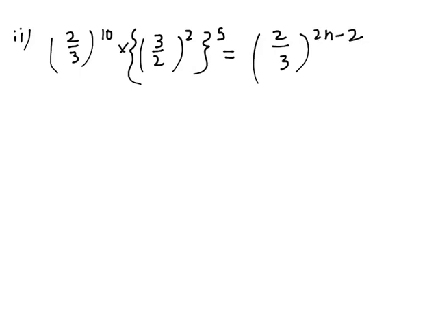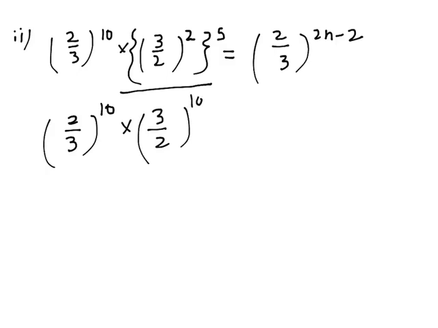So now in this question, first of all we will solve this bracket power to power. So we will get (2/3) raised to the power 10 times (3/2) raised to the power 10, and it will be (2/3) raised to the power 2n minus 2.